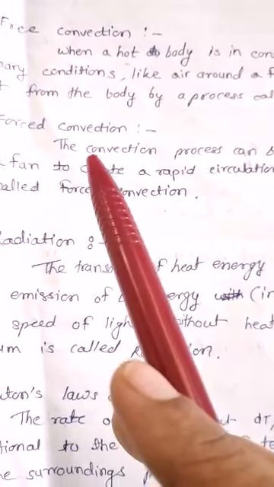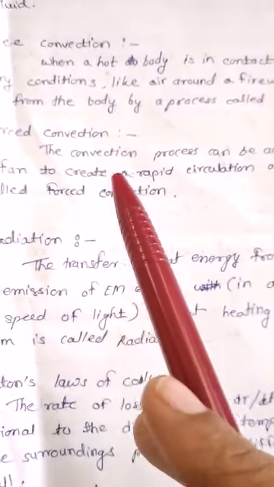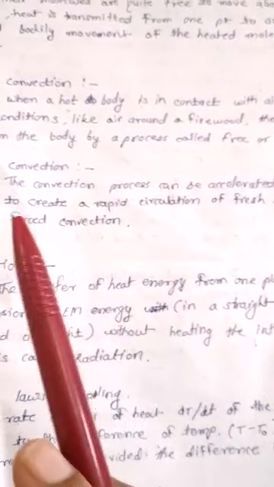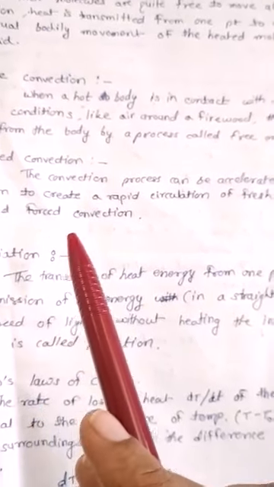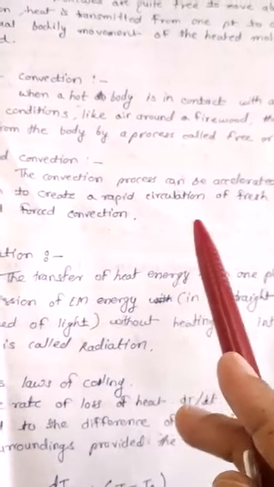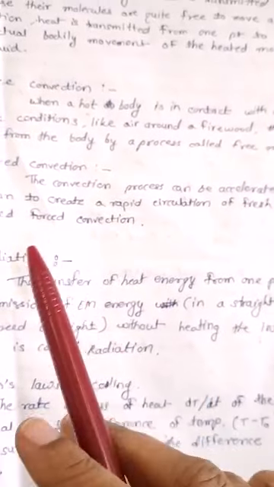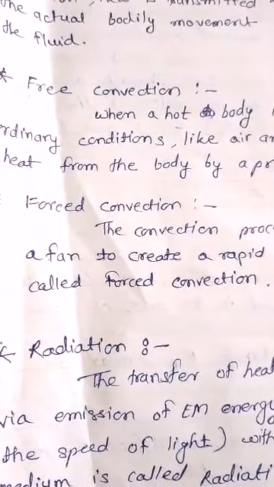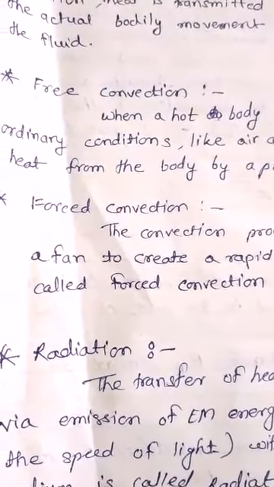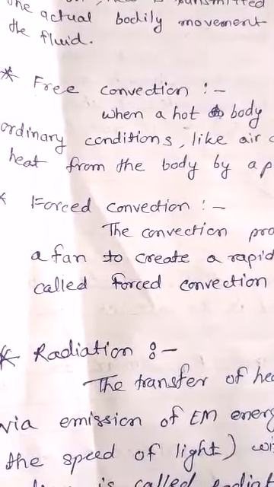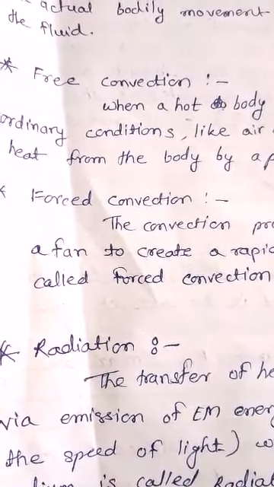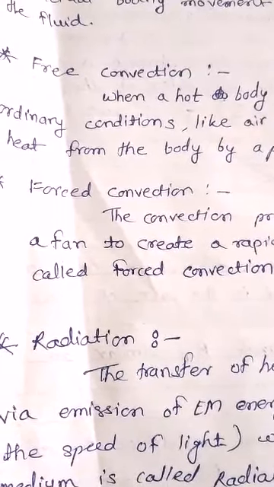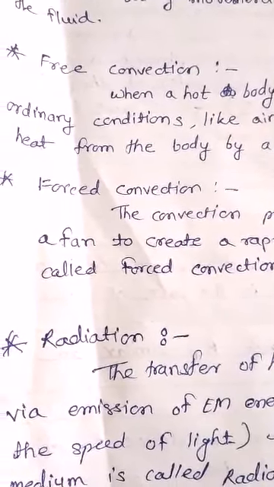And forced convection means the convection process can be accelerated by employing a fan to create a rapid circulation of fresh air. It is called forced convection. Examples of free convection: land and sea breezes are formed as a result of free convection. Currents in air remove heat from the body.